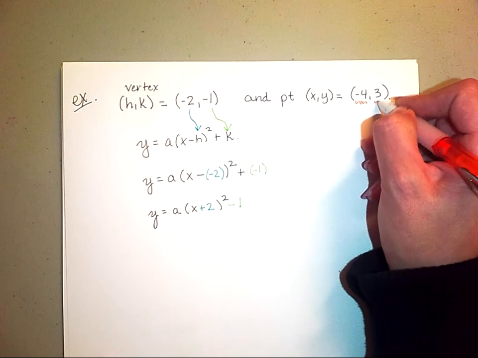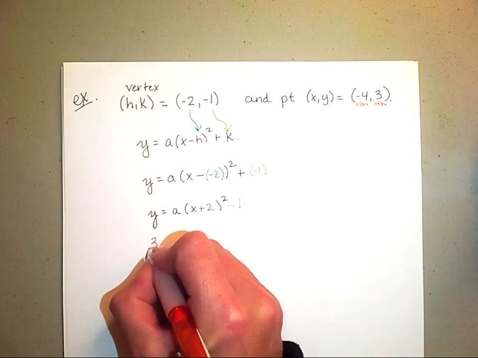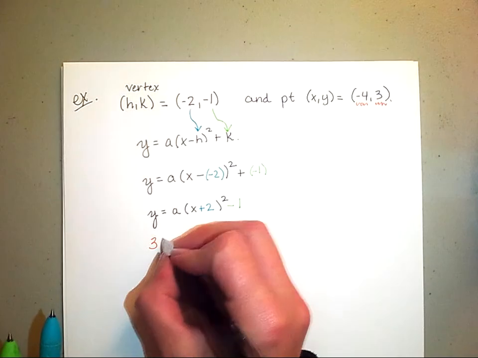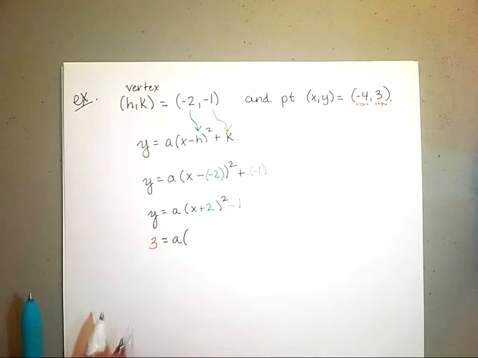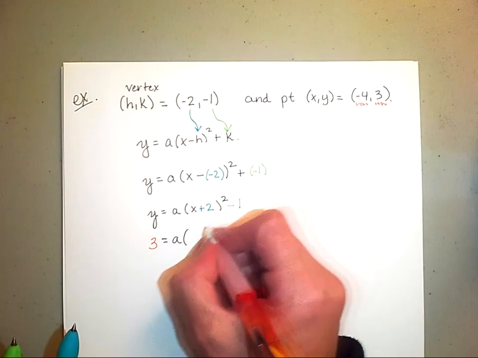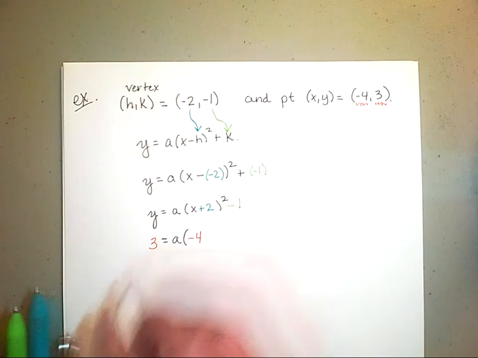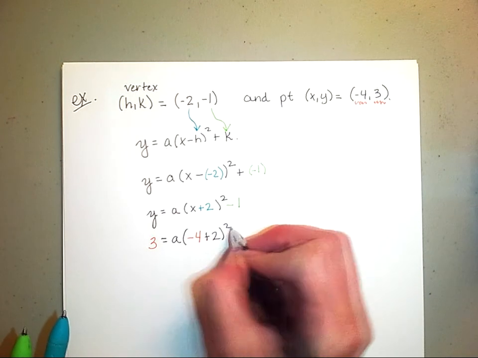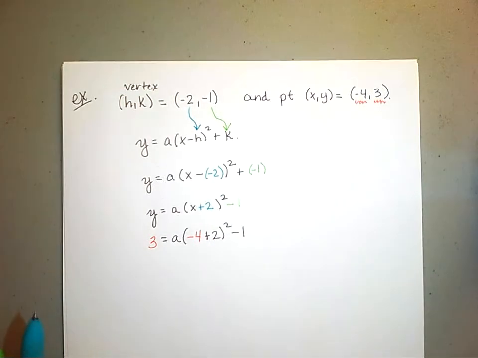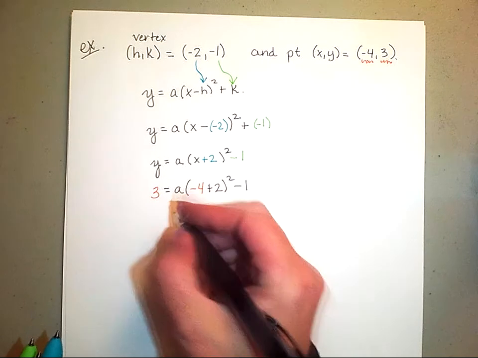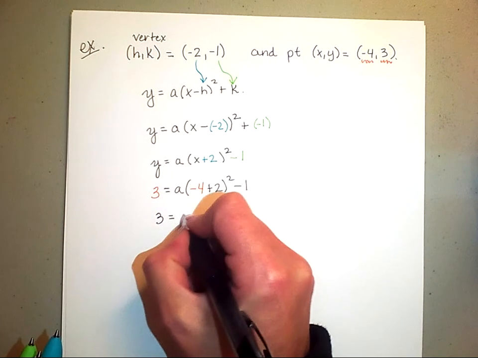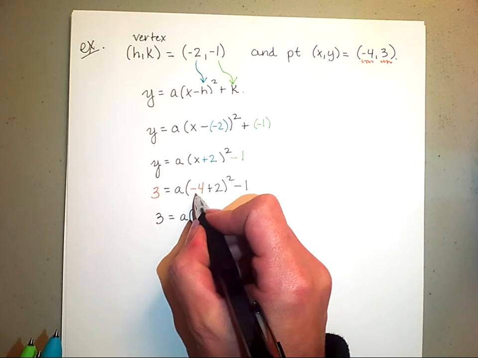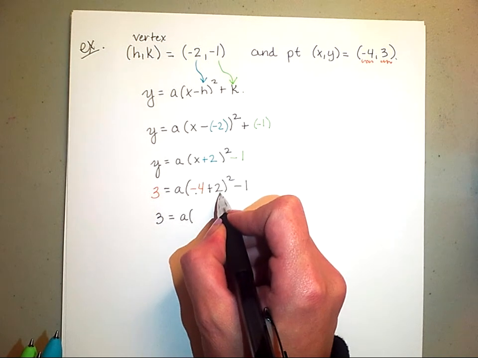Now we know what x and y is, so let's put those in. X is negative 4 and y is going to be 3. So we'll have 3 is equal to a times x from above is negative 4, then plus 2, that quantity squared, minus 1. So 3 is equal to a times negative 4 plus 2 is negative 2.